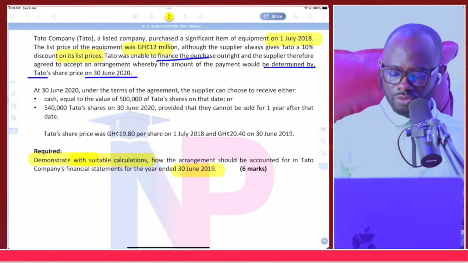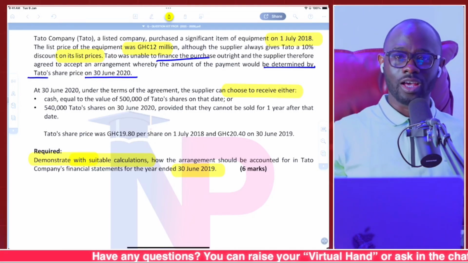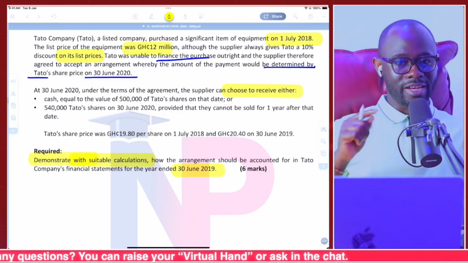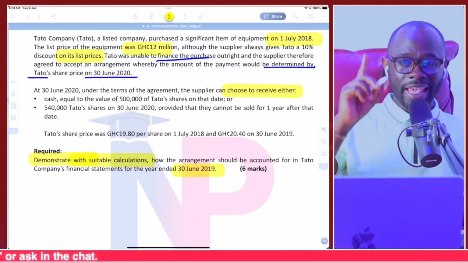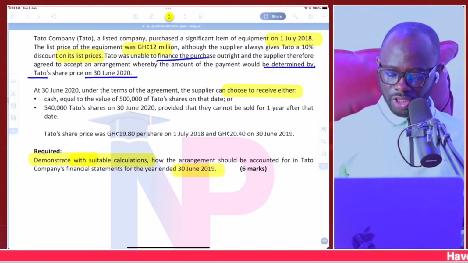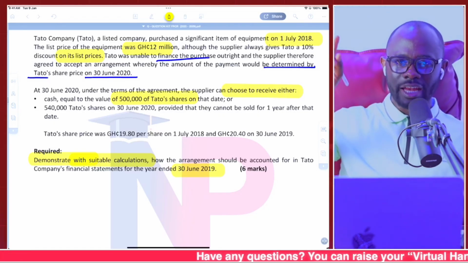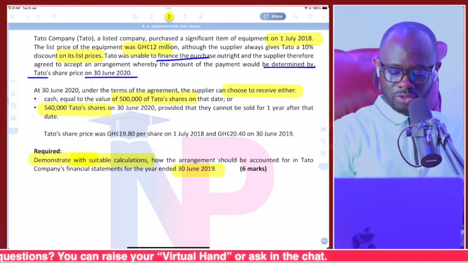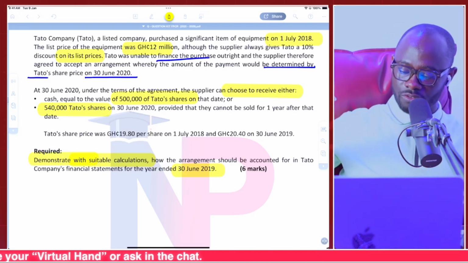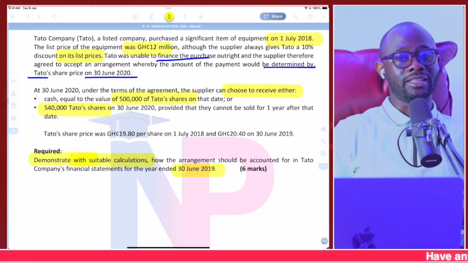On 30th June 2020, under the terms of the agreement, the supplier can choose to receive either cash equal to 500,000 of Tano's shares on that date, or 540,000 of Tano's shares on 30th June, provided that they cannot be sold for 1 year after that date.